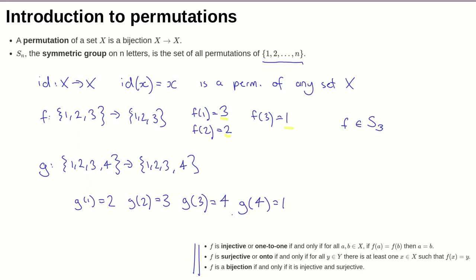Again, this really is a function from the set 1, 2, 3, 4 to the set 1, 2, 3, 4. It really is surjective because every single number 1, 2, 3, 4 is in the image of g. And it really is 1 to 1, as you can check. So g is genuinely a permutation of the set 1, 2, 3, 4, which means it's an element of the symmetric group S4. So there are some examples of permutations.